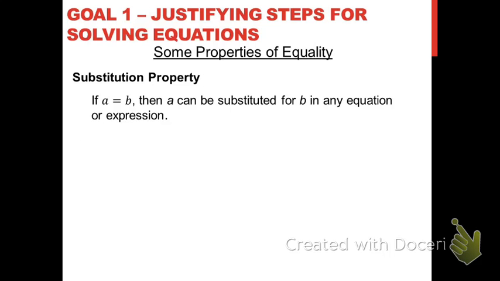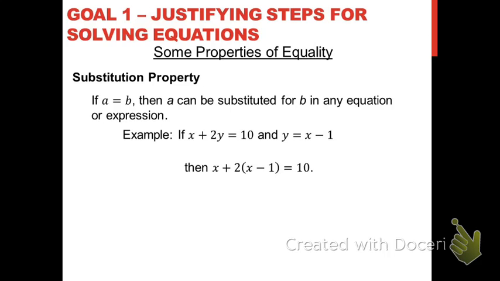You can substitute a in place of b for any equation or expression if the two values are equal. So, for instance, let's say that I know that x plus 2y equals 10, and I know that y is equal to x minus 1. Well, in that case, this would be true: x plus 2 times x minus 1 is equal to 10.